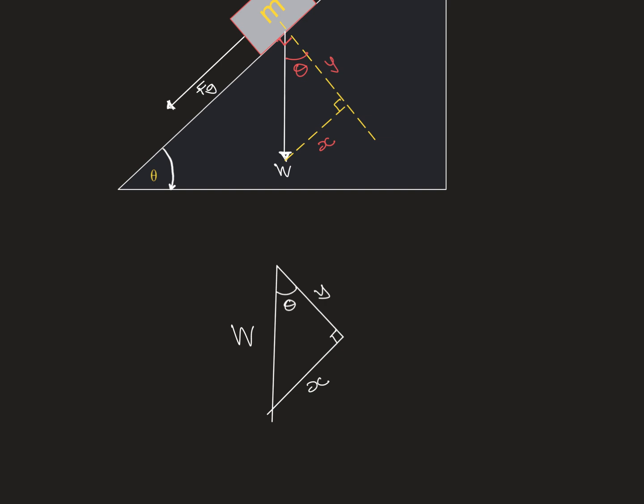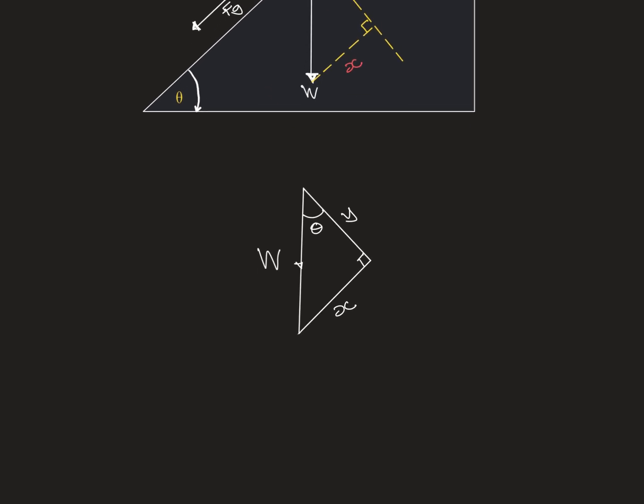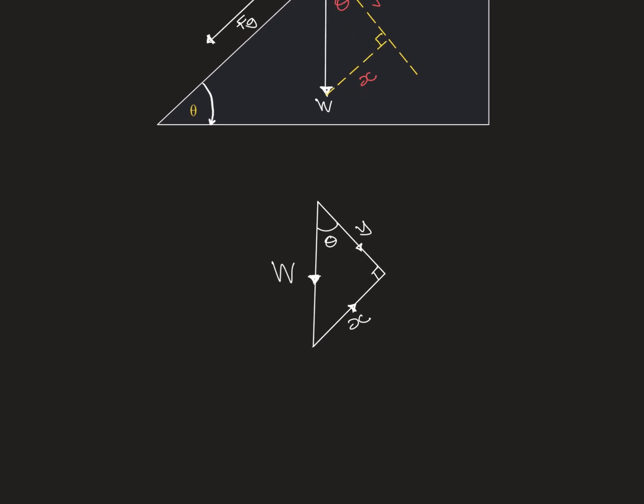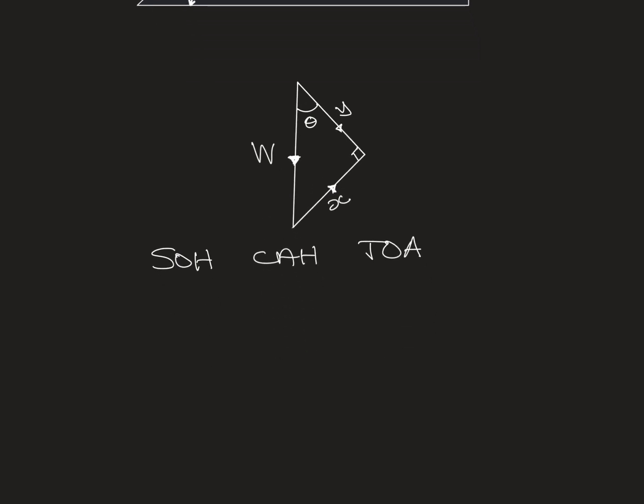So we are going to use the trigonometric ratios to be able to tell us the magnitude of X and Y. So we're going to use SOHCAHTOA, okay?